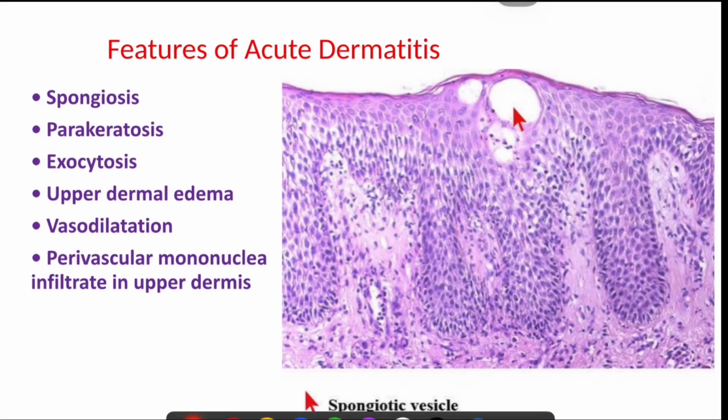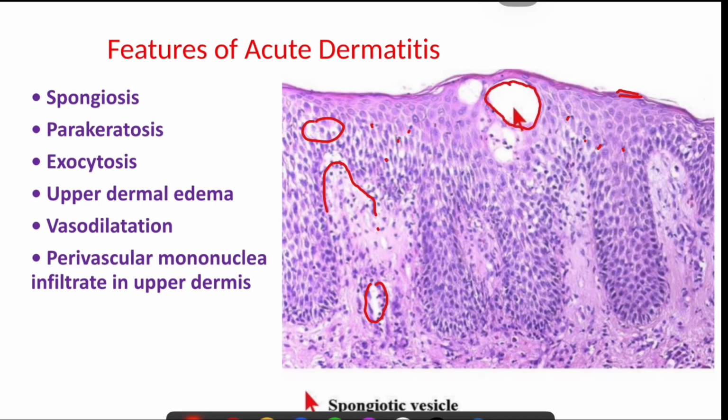So features of acute dermatitis: one is spongiosis. Here it is not prominent, but parakeratosis. Then exocytosis, which means lymphocytes are present in between the epidermal layer. Then upper dermal edema. Here also you can identify a light eosinophilic appearance, which is dermal edema, vasodilatation, and here you can identify this spongiotic vesicle.